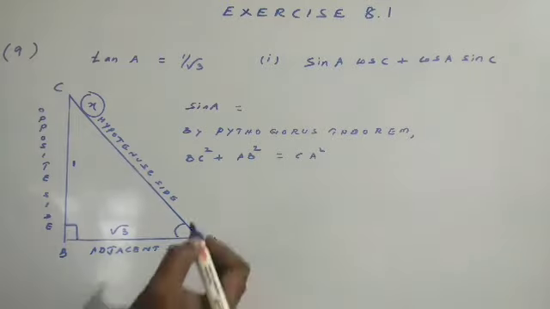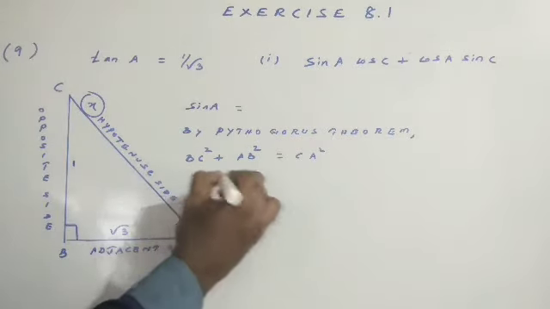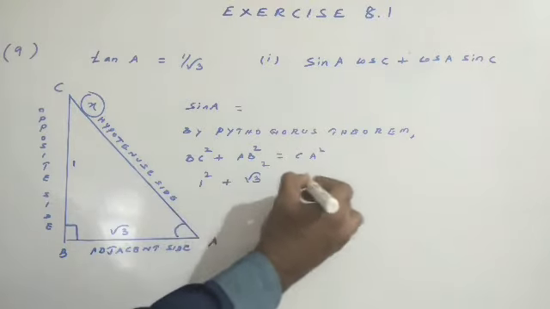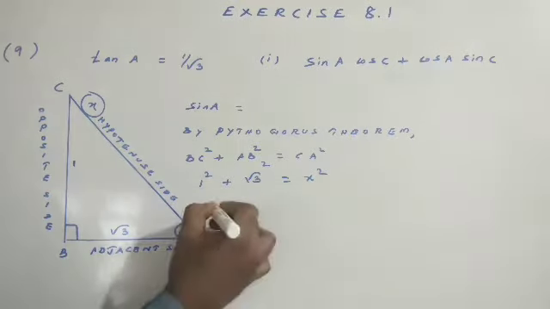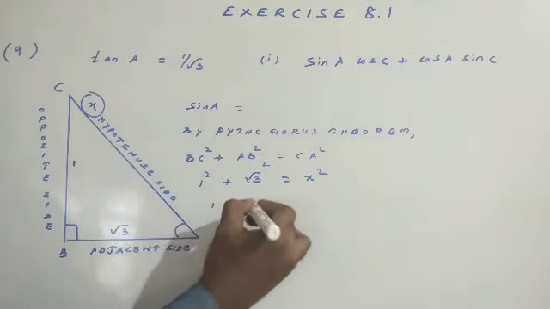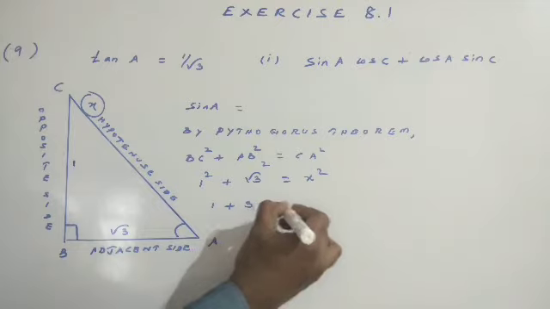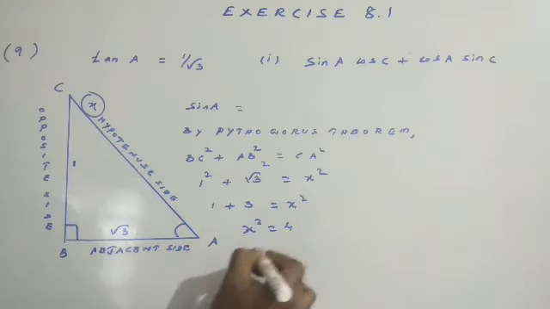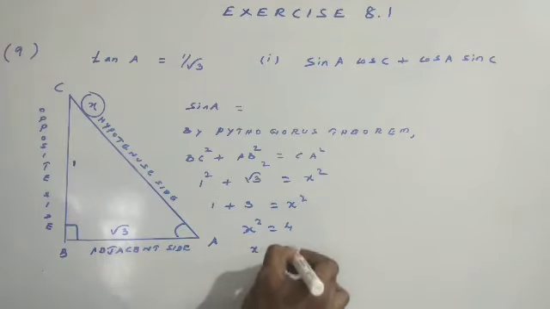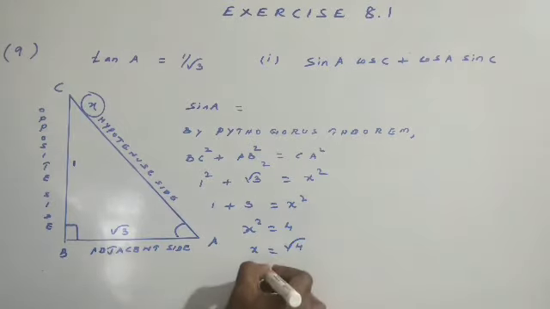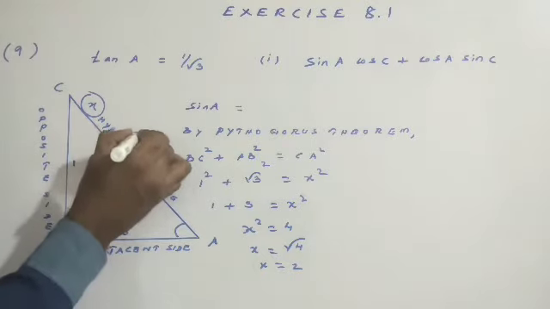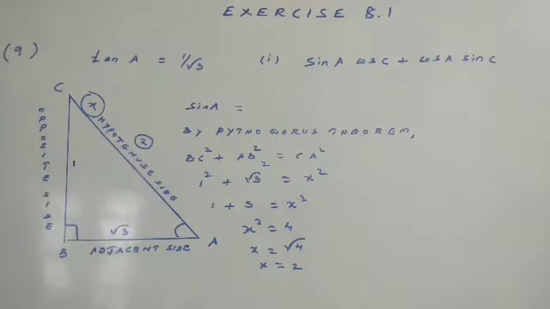For BC you can put 1 and AB root 3, for CA x. So 1 square gives the value 1, root 3 square gives 3, equal to x square. So 1 plus 3 is 4, the x square value is 4. From this x equals root of 4, that is x equals 2. Now put the value 2 for the side CA.